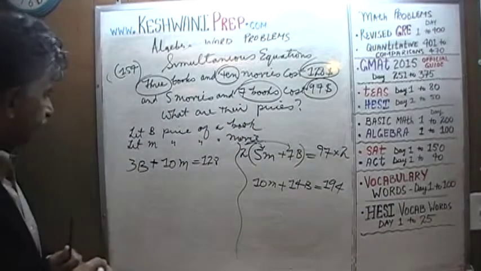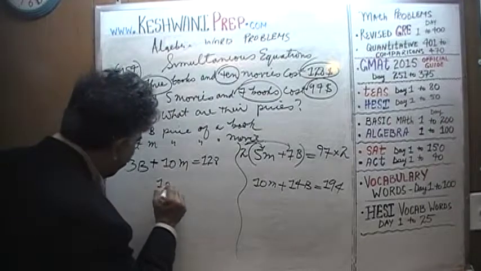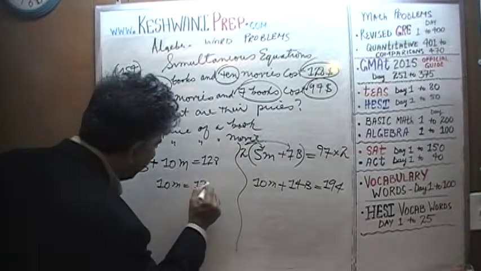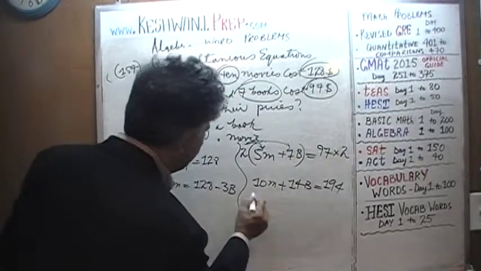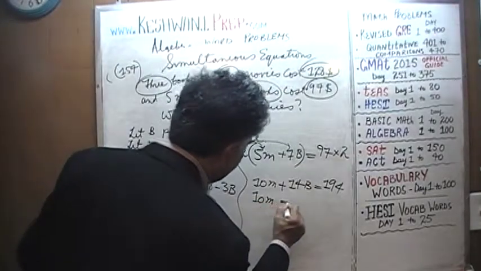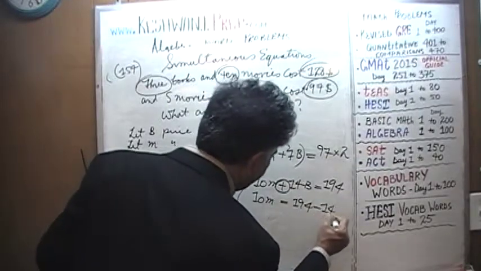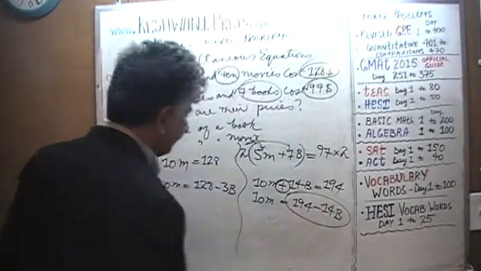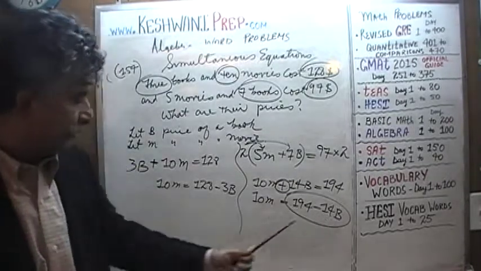What else can we do? Let's bring the 3b over there. So 10m equals 128 minus 3b, and here 10m must equal 194 minus 14b.